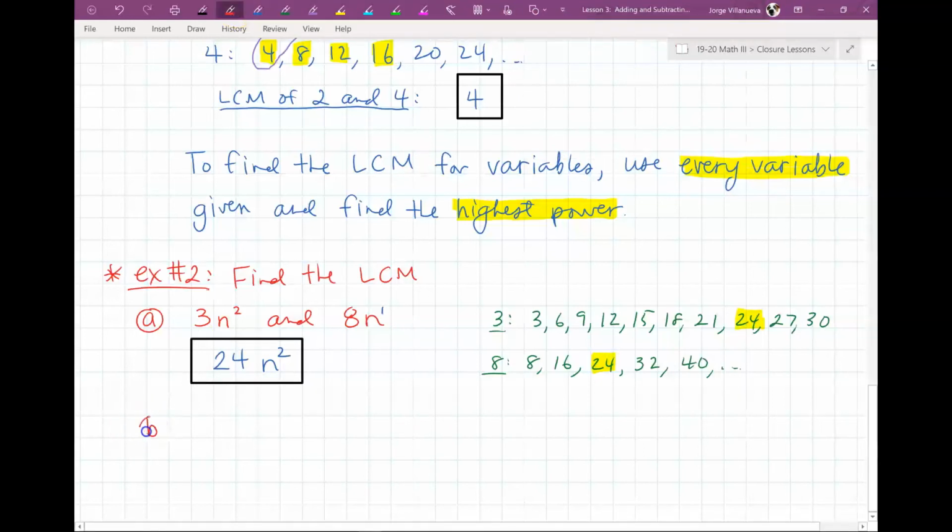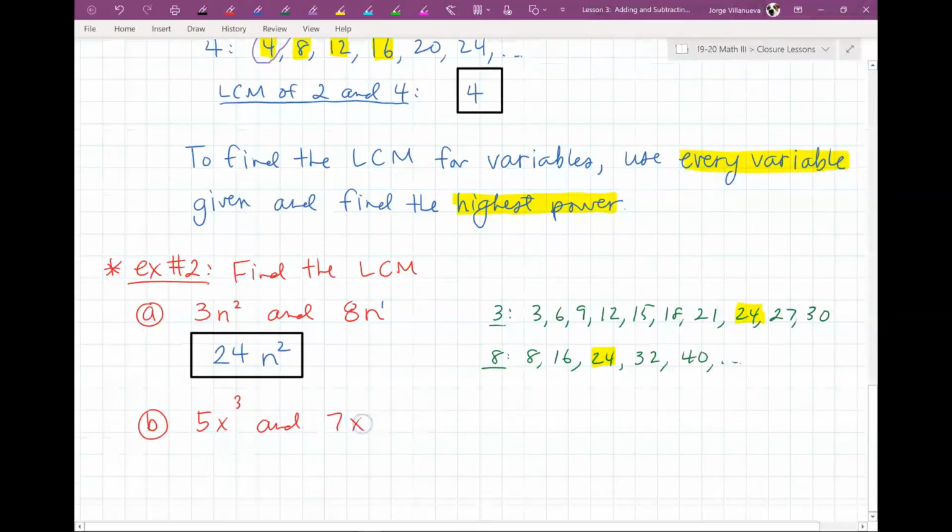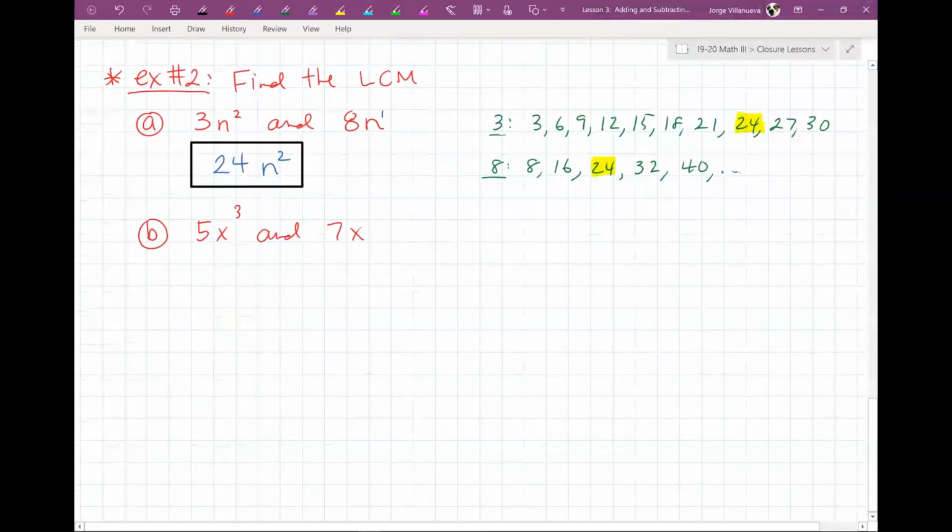So let's try doing another one similar to this. 5x cubed and 7x. So 5 and 7. What number do they have in common? Again, they can have many numbers in common, but what's the smallest one?